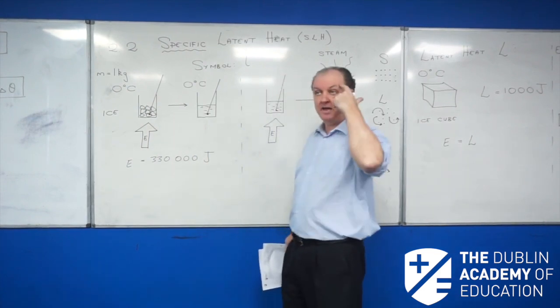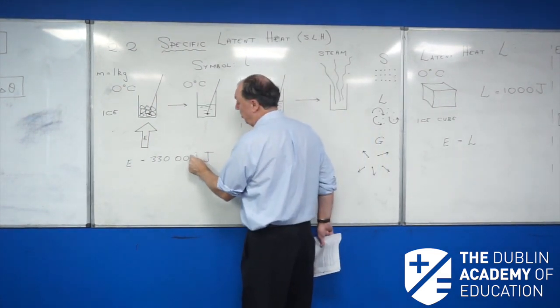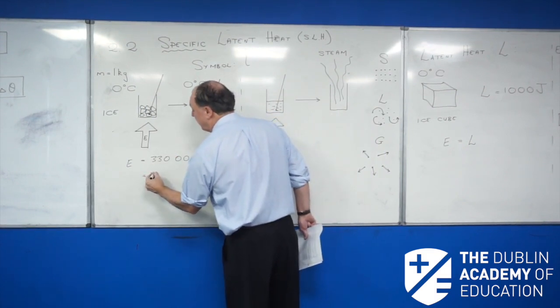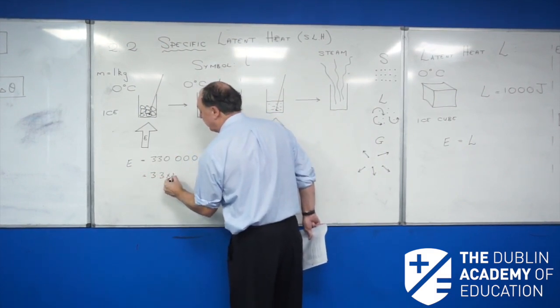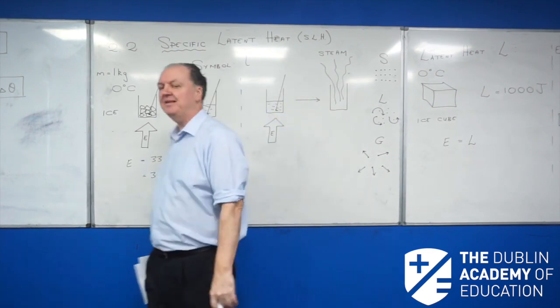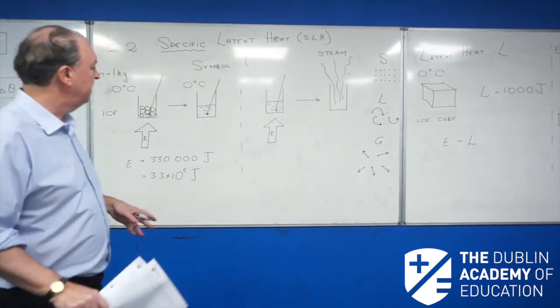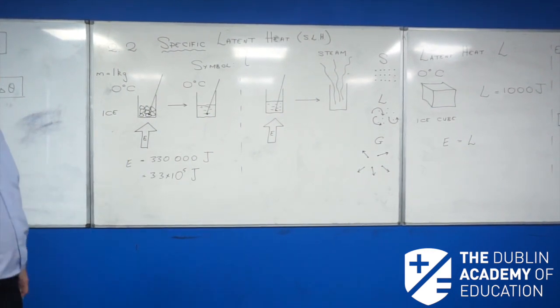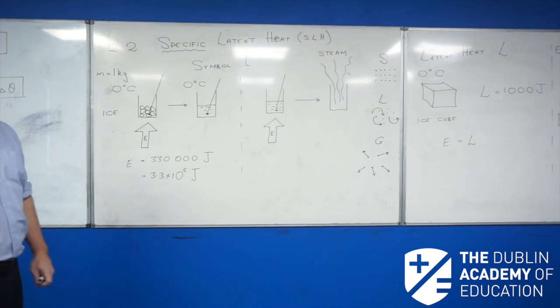I can work it out in my head, count 1, 2, 3, 4, 5. I can write that down as 3.3 by 10 to the power of 5 joules. That number is called the specific latent heat of fusion of ice.